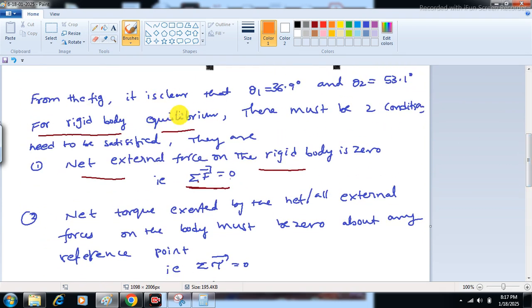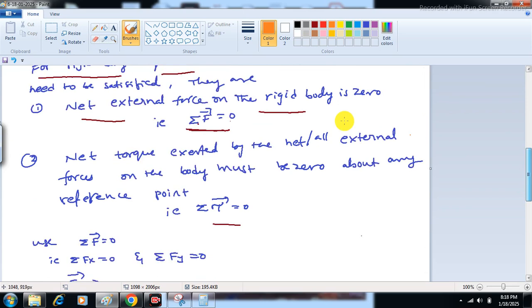It is clear that theta 1 is 36.9 degrees and theta 2 equals 53.1 degrees. There are two conditions for satisfying rigid body equilibrium, that is sigma F vector equal to 0 and sigma tau vector equal to 0.